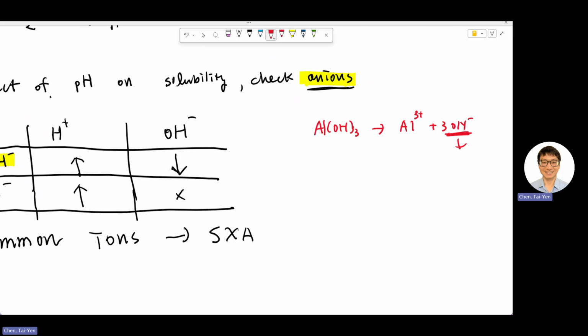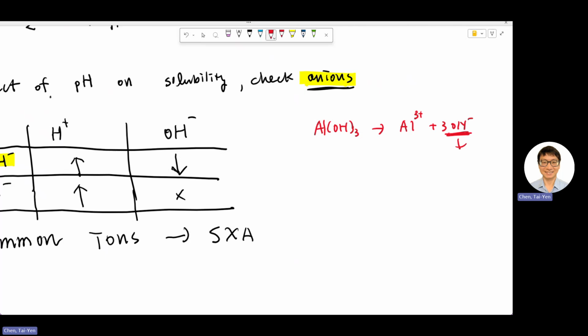Therefore, the amount of OH minus inside the solution will decrease. But we know the Ksp is a constant. That means you must have a finite concentration of OH minus, right? But right now, all your OH minus was killed by your H plus. Therefore, the insoluble salt dissolves even more to compensate for the change.